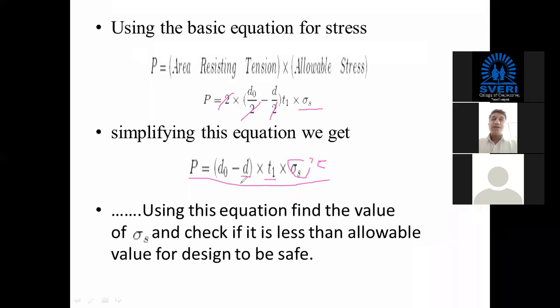If you know the diameter of pin, you can calculate this DO.